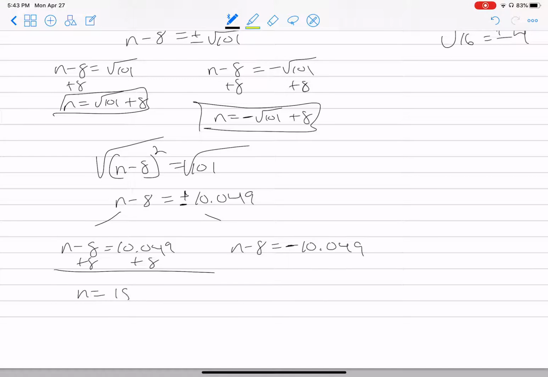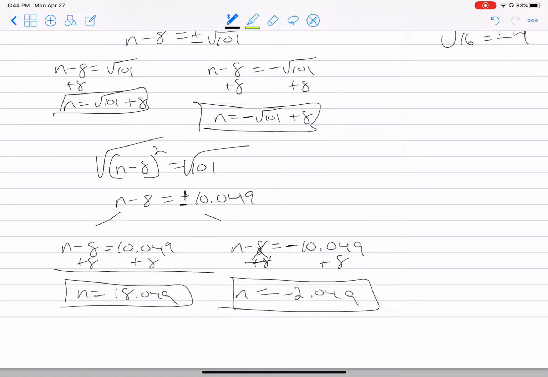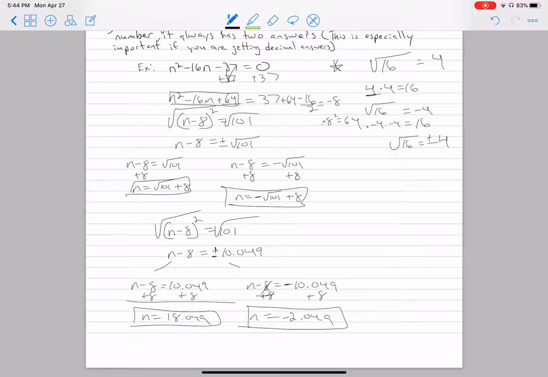N equals 10.049 plus 8, which is 18.049. N equals negative 10.049 plus 8, which is negative 2.049. So I should have gotten both of those answers if I turned that square root into a decimal. So that's just another part to think about.